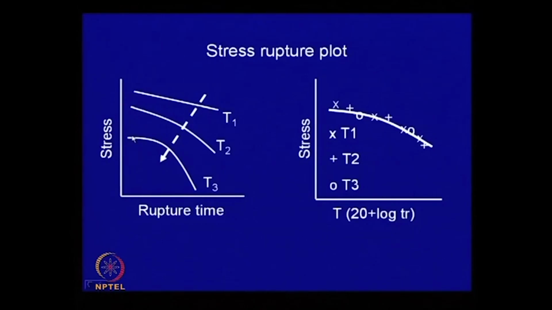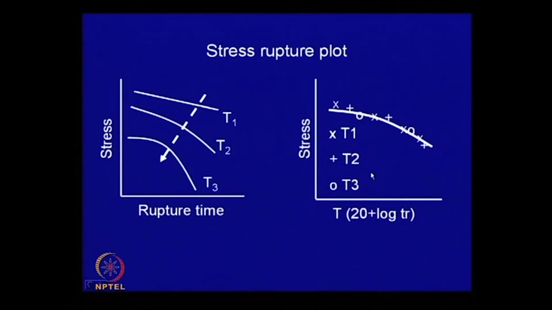You do not need to measure the strain, and this rupture time also is a strong function of temperature and stress, which is shown over here. And it is quite easy to show that if you plot this against a combined time-temperature parameter, known as the Larson-Miller parameter, you get a master rupture plot.